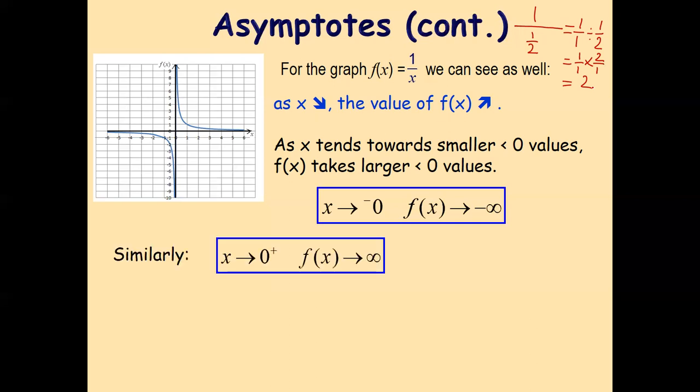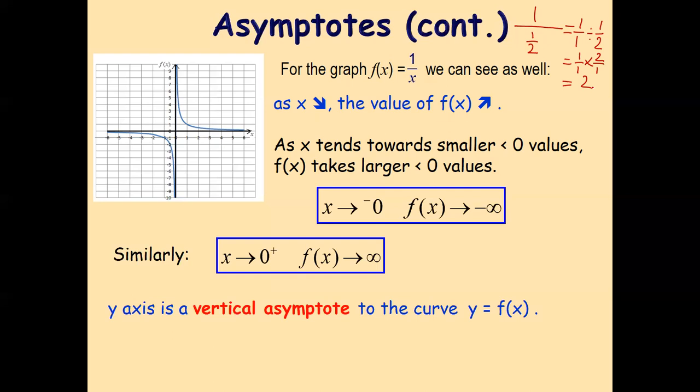right? The same thing. Okay, so you'll see me sometimes writing 0 with a positive next to it. That means close to 0 on the positive side, close to 0 on the negative side. So now we write that the y-axis is a vertical asymptote. So now you know where asymptotes are coming from.